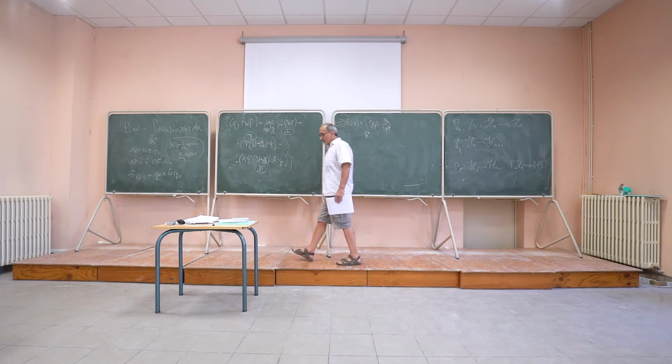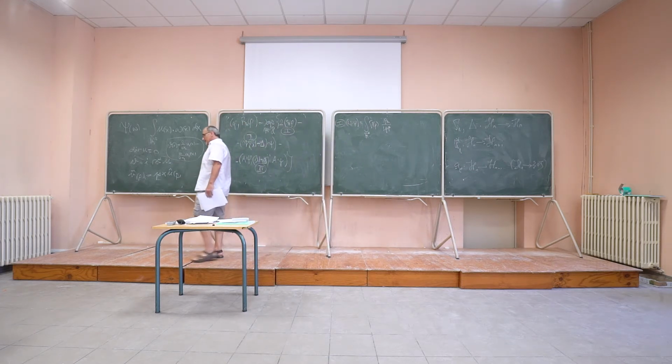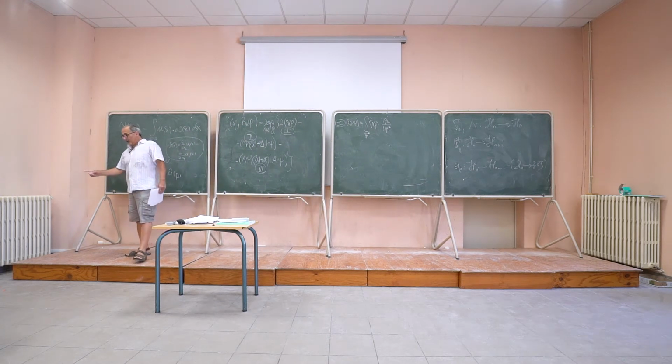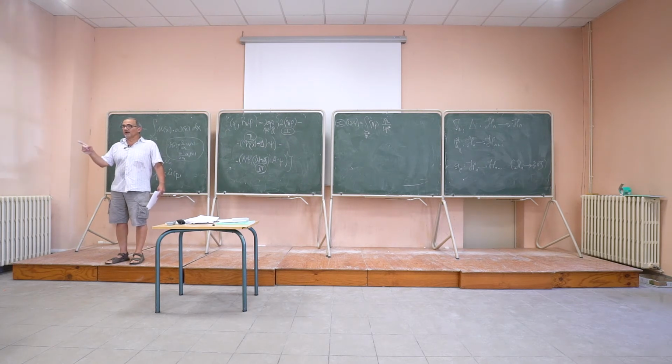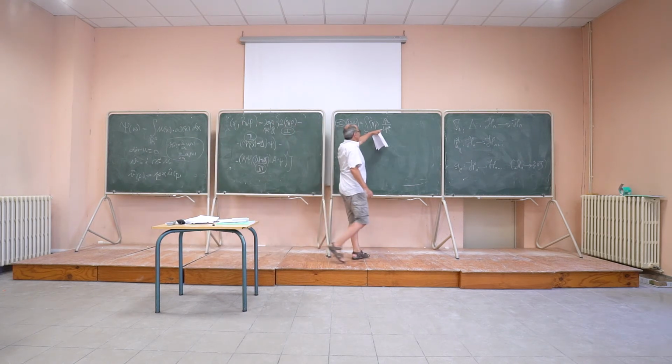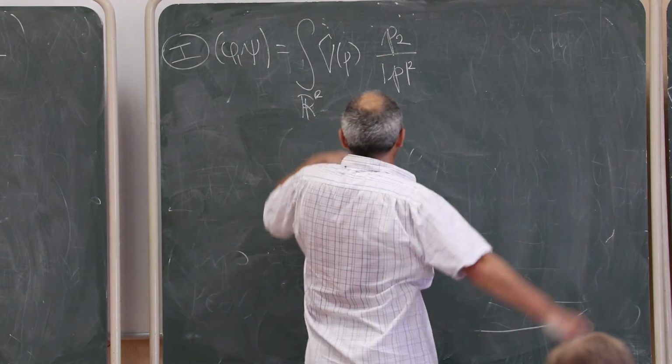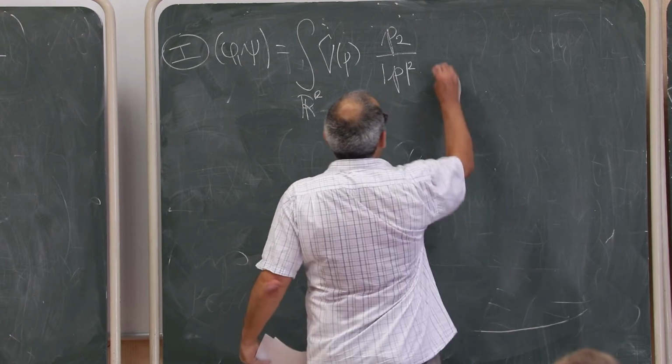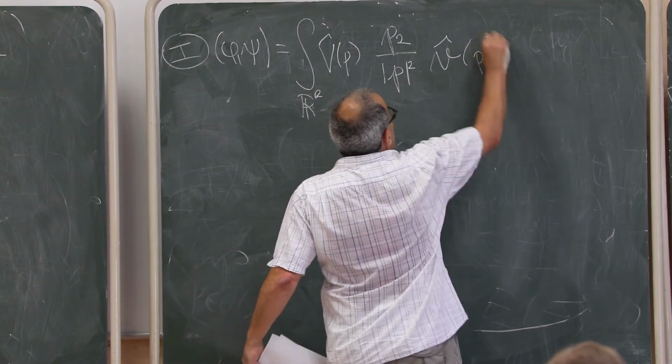Why p2? Because the function phi is a vector valued function, and I do it for one component of it. So p is the Fourier variable, p2, we are in 2 dimensions. V hat of p dp.